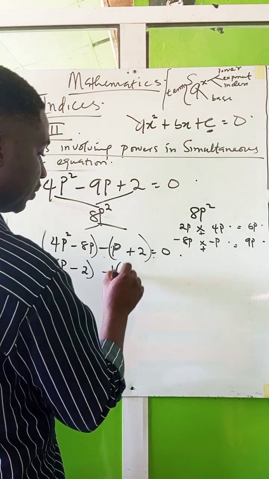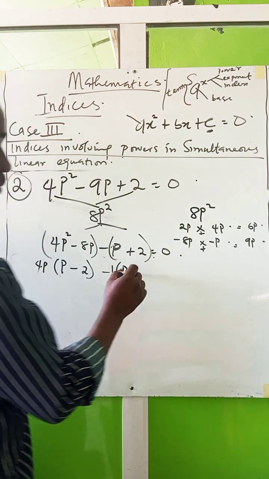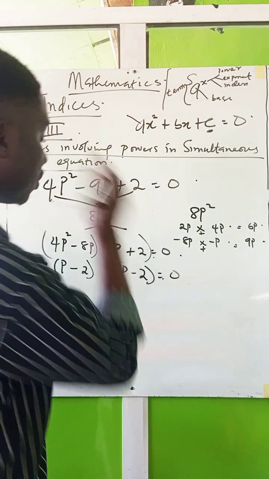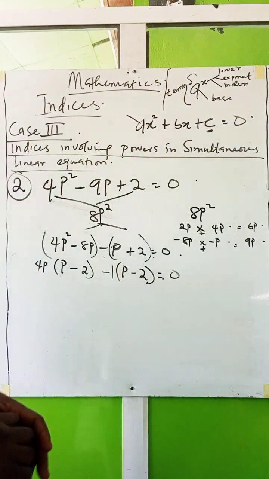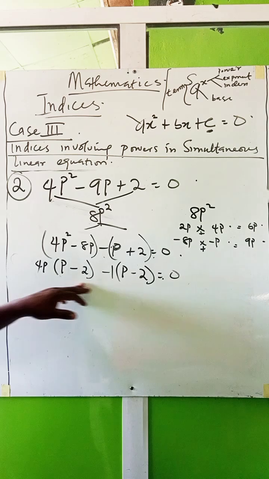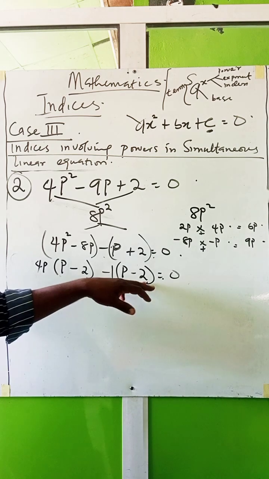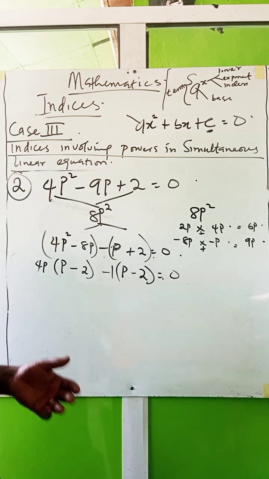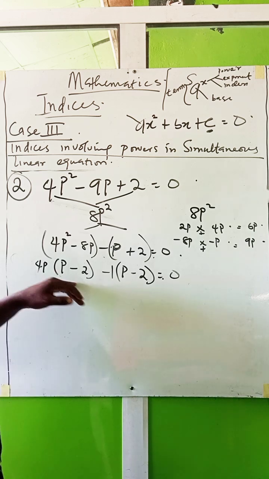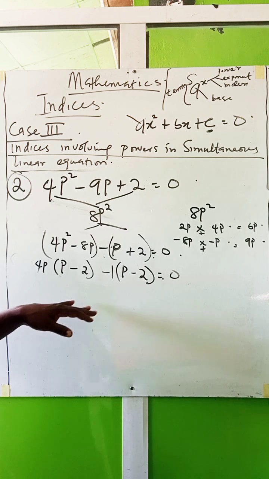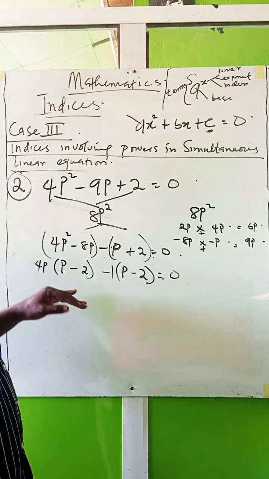In this it will be p, in this it will be minus 2. Note that when you are solving a quadratic equation, the factor that will be here must be the same as what will be here. That is one indicator that what you are doing is right. I hope you understand what I'm saying.